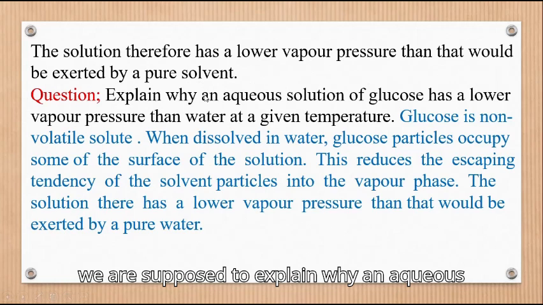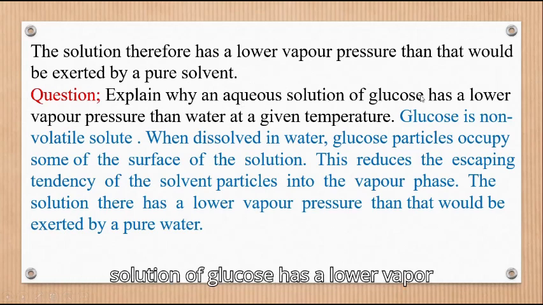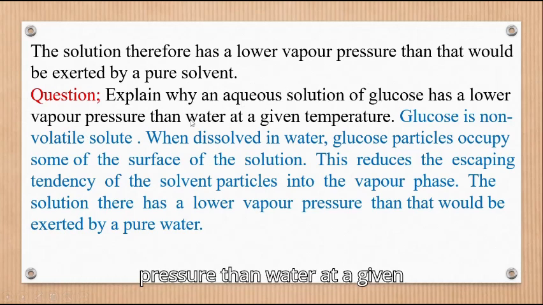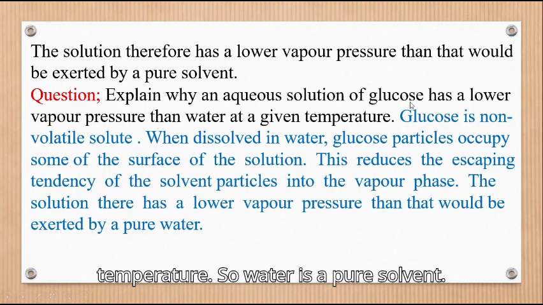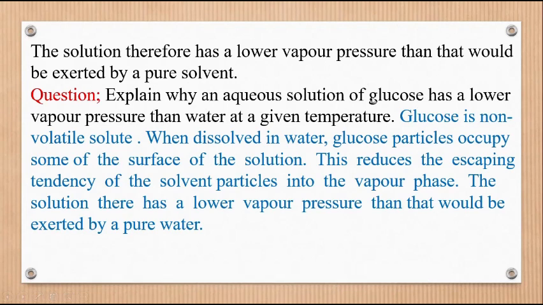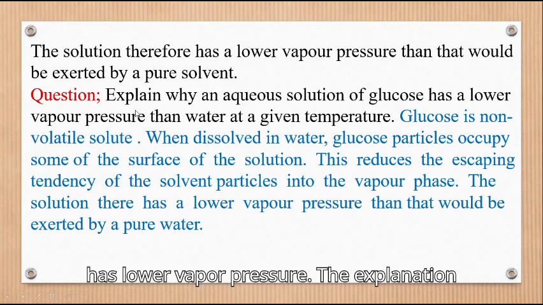We are supposed to explain why an aqueous solution of glucose has a lower vapor pressure than water at a given temperature. So water is a pure solvent, and the combination of glucose and water forms a solution. So the solution of glucose always has a lower vapor pressure.